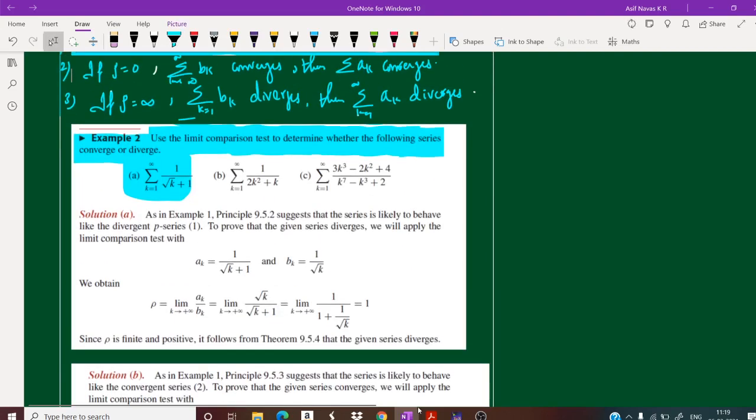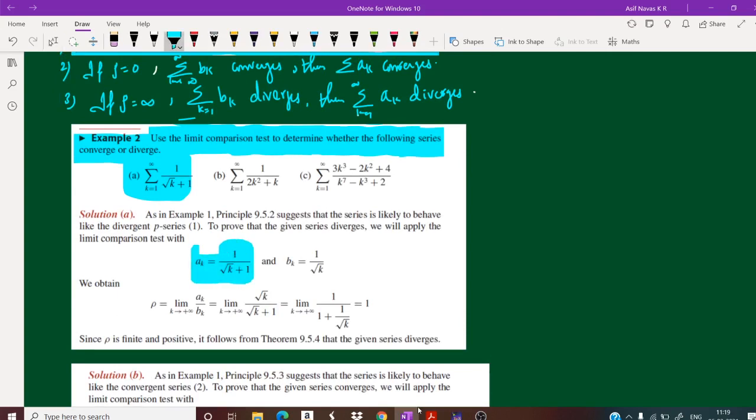So now I'm taking ak equal to 1 by root k plus 1. Now bk we can guess: by looking at the given series, we can choose bk. Tell me, anybody have any doubt? bk is equal to 1 by root k.